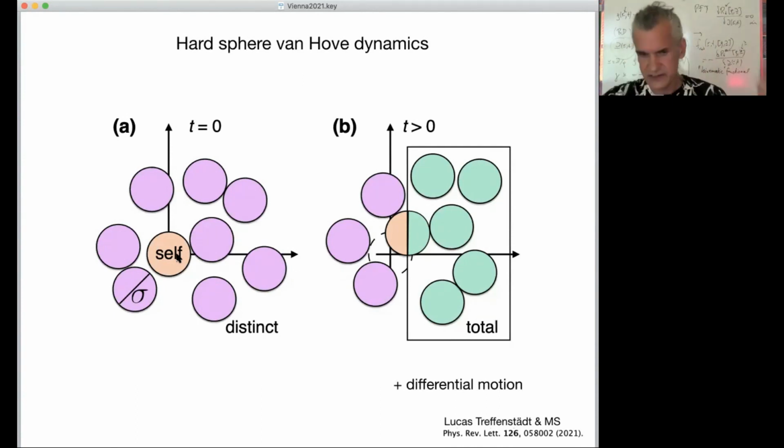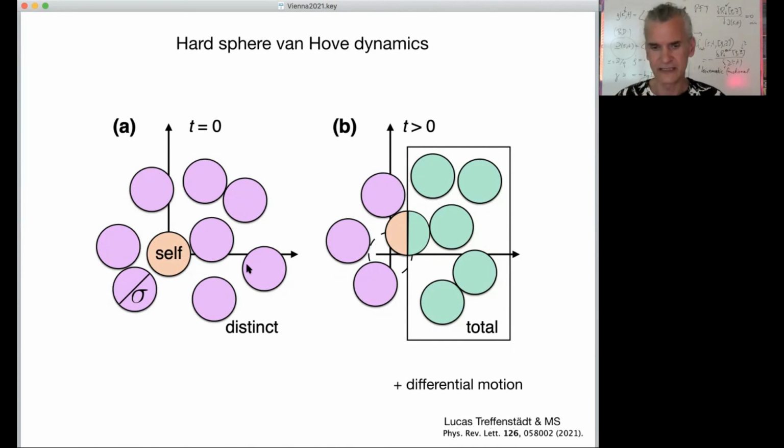There's no drive. It's just this guy diffuses. And via the dynamic test particle limit, one can describe it on the one-body level. So the self-particle has a density field, and all the distinct particles also have a density field, and the dynamic test particle then moves, if you like, this Van Hove dynamics on the level of a one-body problem.